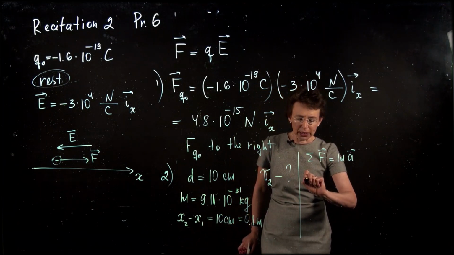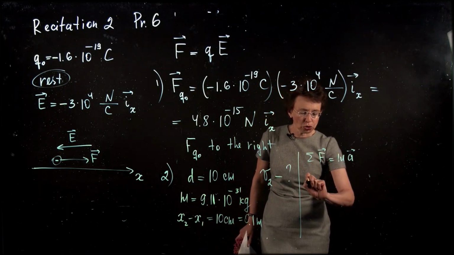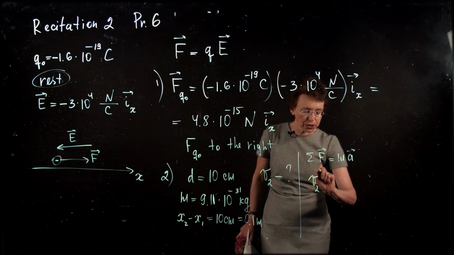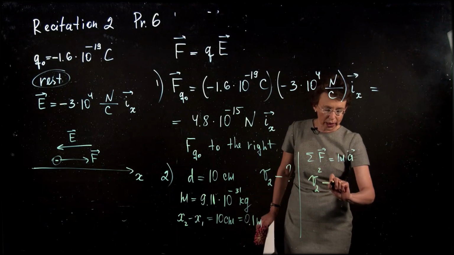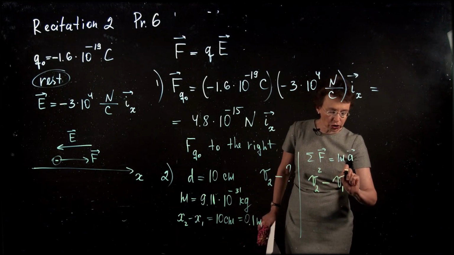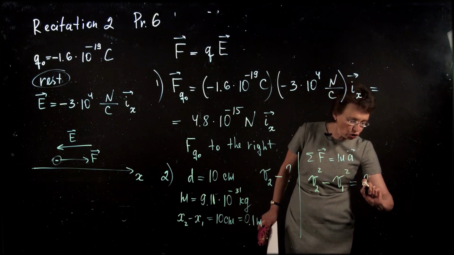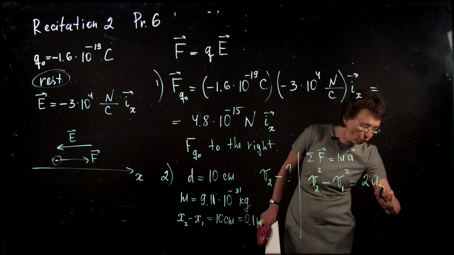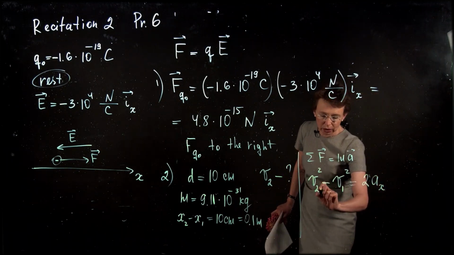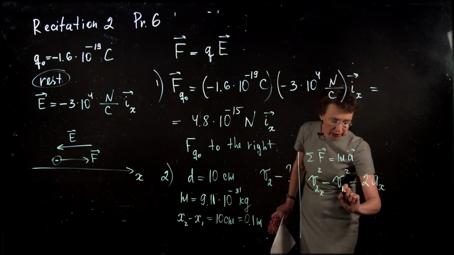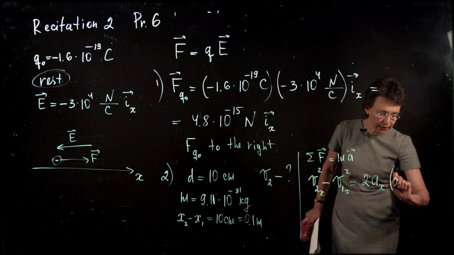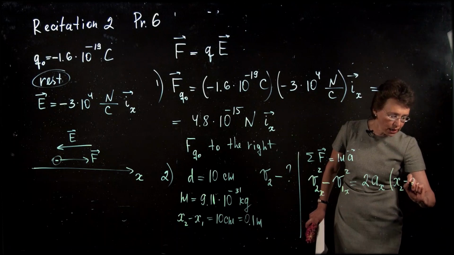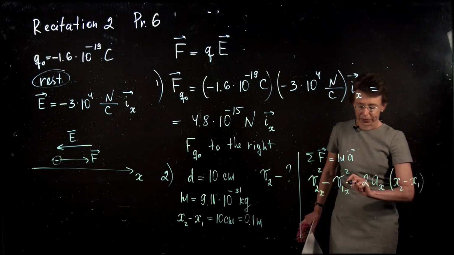The easiest way to solve this problem is to use this formula for constant acceleration. Final velocity squared minus initial velocity squared is twice the projection of acceleration in x, and this is all in the x direction, 2ax, times x2 minus x1.